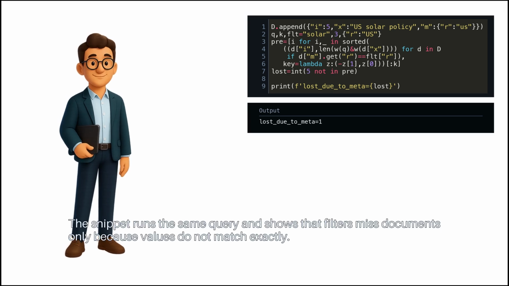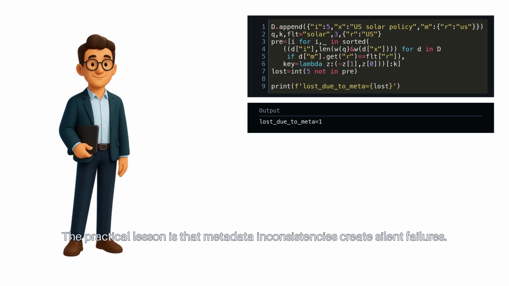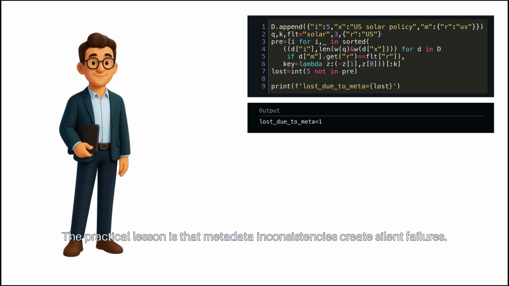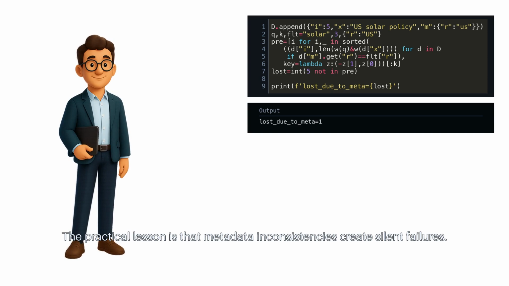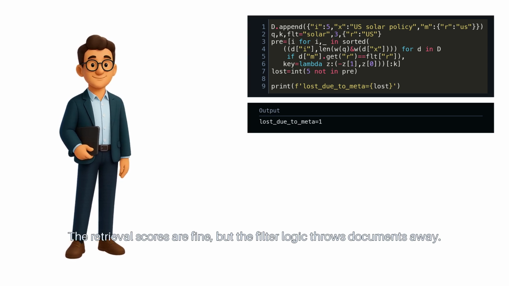The snippet runs the same query and shows that filters miss documents only because values do not match exactly. The practical lesson is that metadata inconsistencies create silent failures. The retrieval scores are fine, but the filter logic throws documents away.